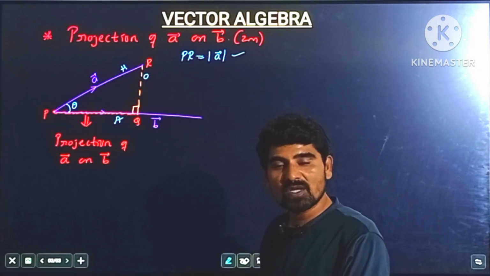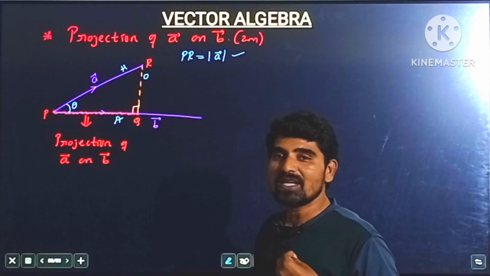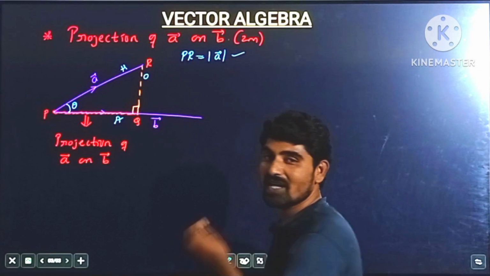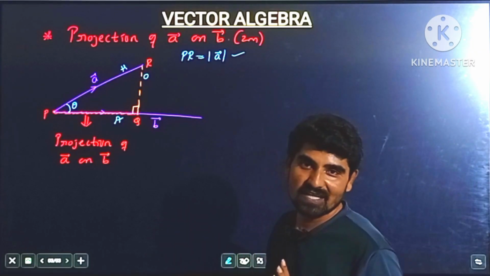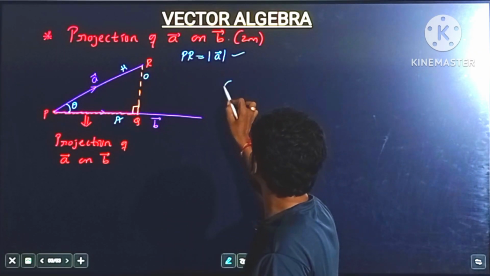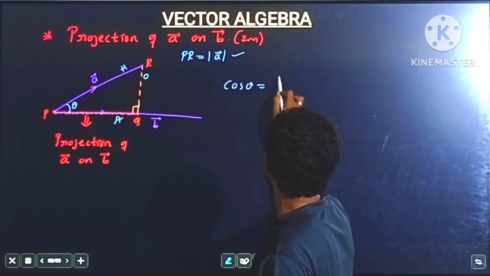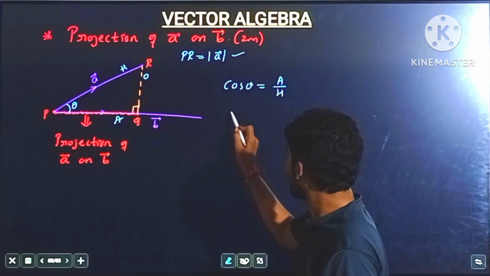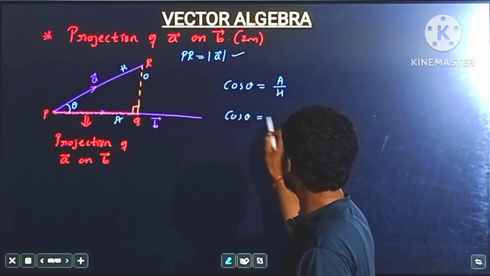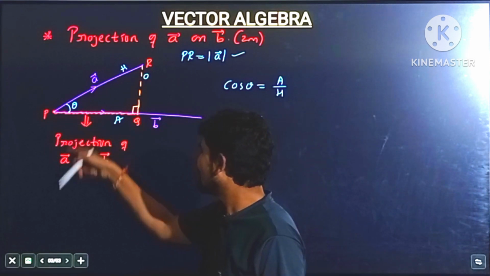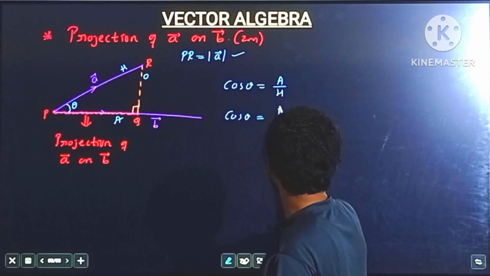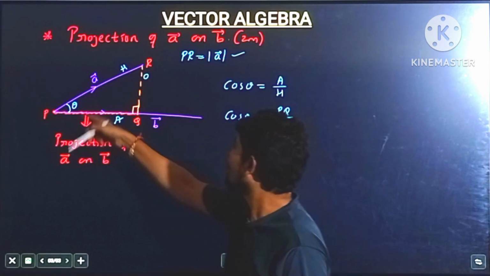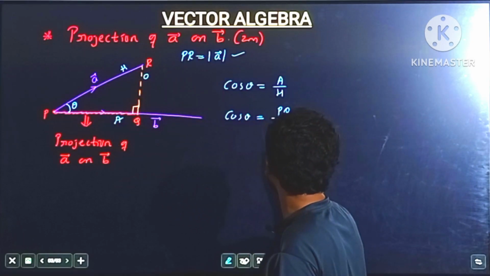When hypotenuse is known and adjacent is unknown, we use the definition of cos to identify the adjacent side, because the definition of cos theta is equal to adjacent divided by hypotenuse. So therefore cos theta is equal to, here the adjacent side is PQ, that is the projection of A vector on B vector, divided by the hypotenuse PR.